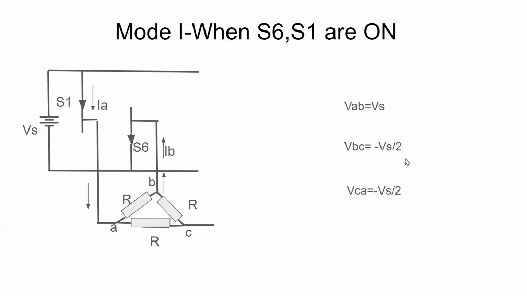So VBC is equal to minus Vs by 2 and VCA is equal to minus Vs by 2.